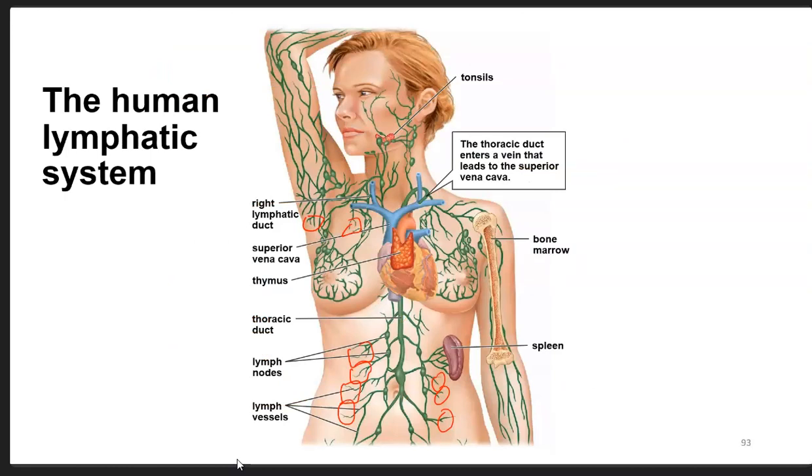Okay, as you can see, this is a diagram to show you that the lymphatic system consists of open end lymphatic vessels, and then it has spleen kat sini.